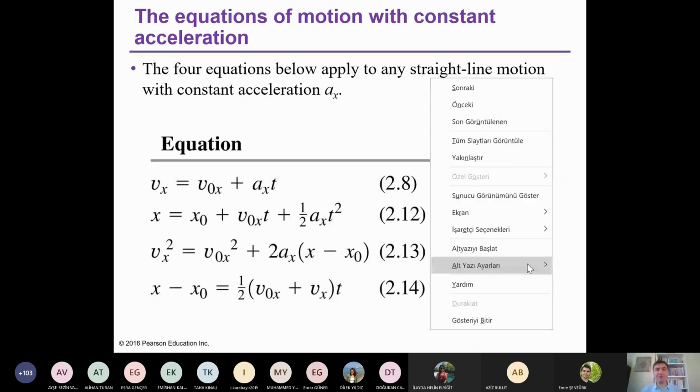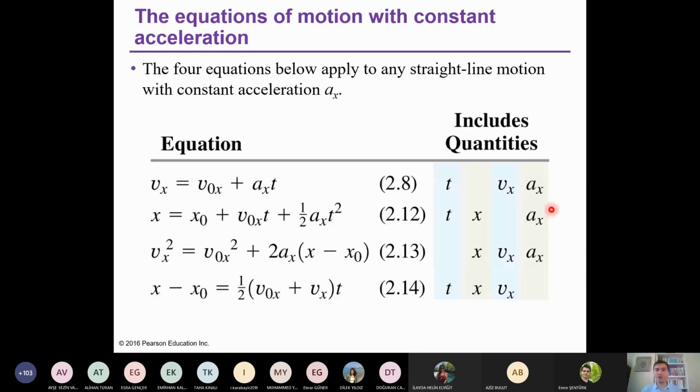Here we have 4 equations of motion with constant acceleration. By using this equation, this one, and also this one, you can answer any question with the constant acceleration. For this reason, you have to keep these equations in your mind, okay?